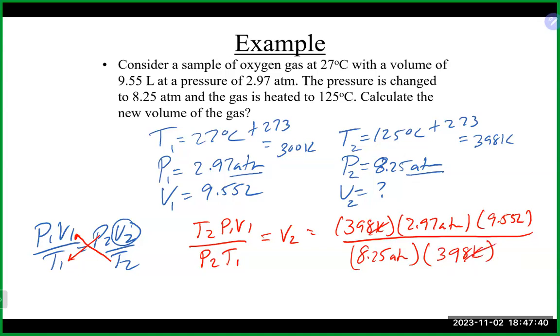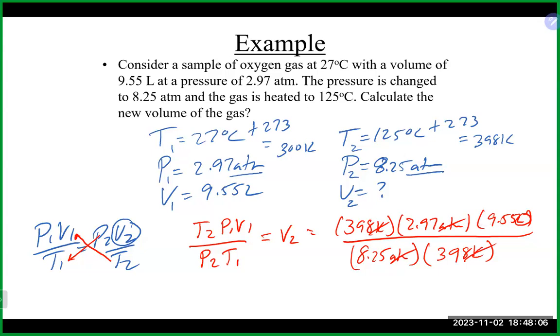Kelvins will cancel, atmospheres will cancel, leaving us liters, which is a volume, so that's good. 398 times 2.97 times 9.55 divided by 8.25 and divided by 300.